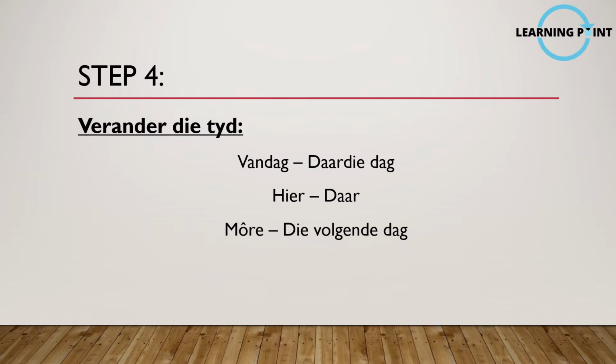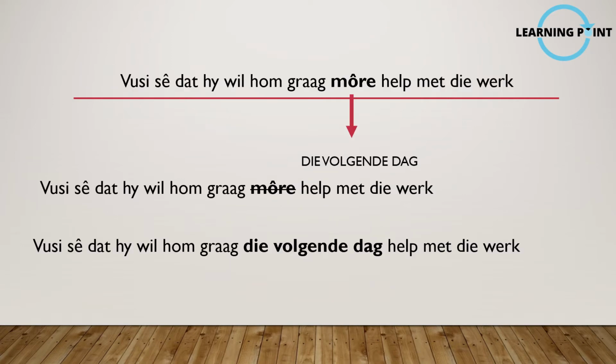If I have gister, it will change into die vorige dag. So now if we look back at our sentence, we have môre. So if you go back to that table, it will change into die volgende dag. So then take it out, you just put in die volgende dag. And that's all. We didn't change pronouns in this step, only the time.